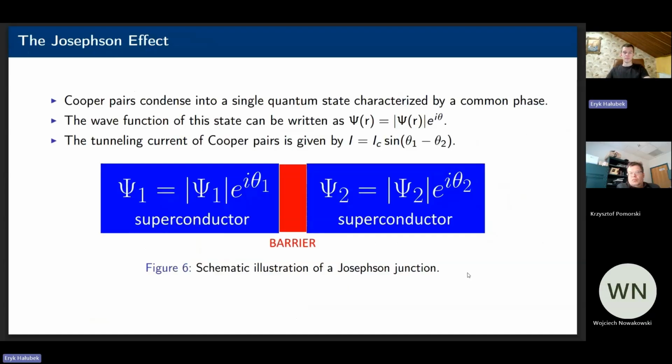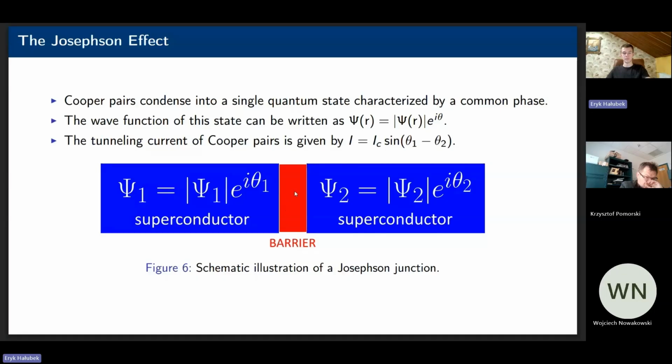In the Josephson effect, Cooper pairs can tunnel through a barrier that can be an oxide layer, or, as I said, a weak link, a place in the superconductor where superconductivity is weakened due to this constriction.